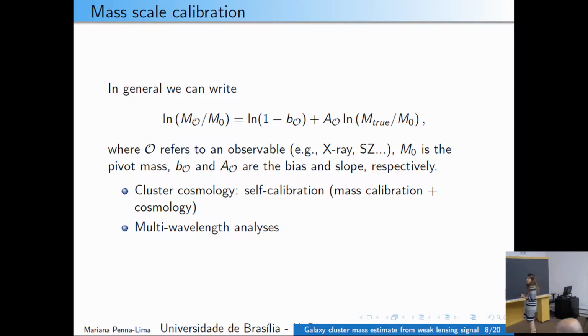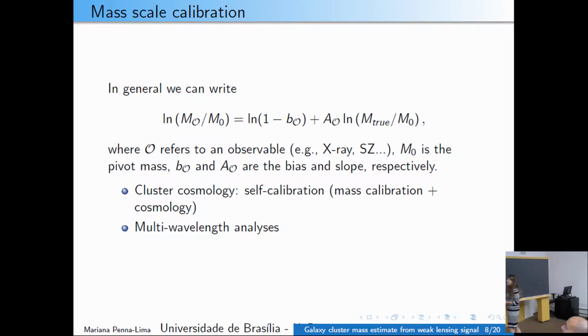One thing here is that when we talk about X-ray, we usually have massive clusters. You can reach higher redshifts mainly for SZ also. And you can combine it with other clusters that you obtain from optical surveys, okay? But statistically, you have many more objects in optical surveys than the other ones.